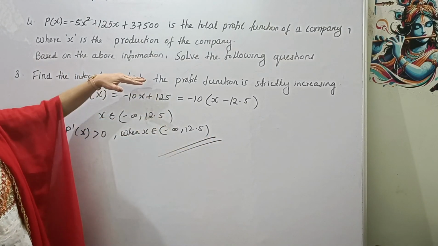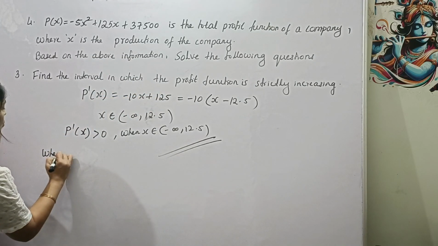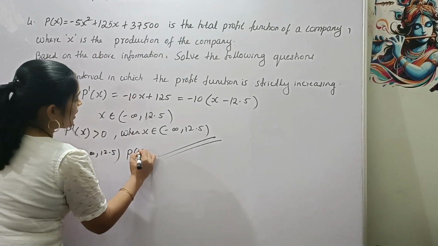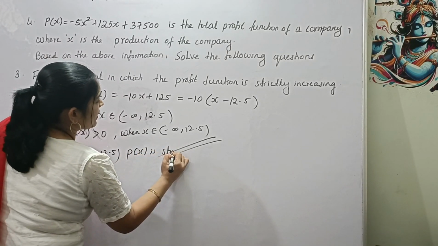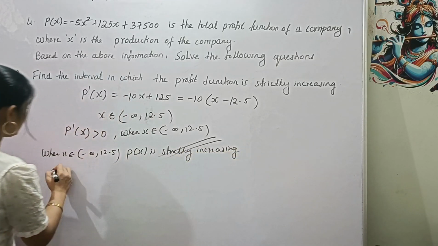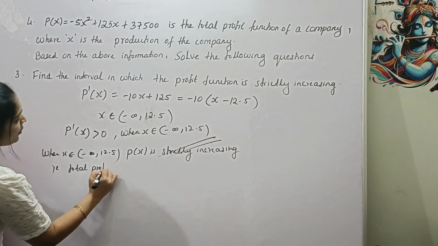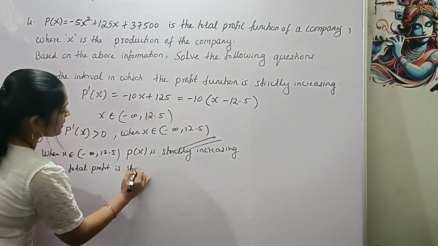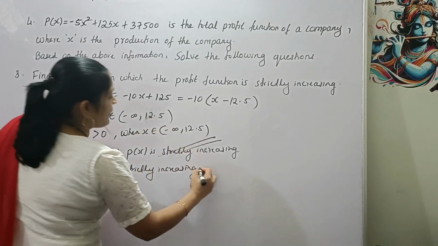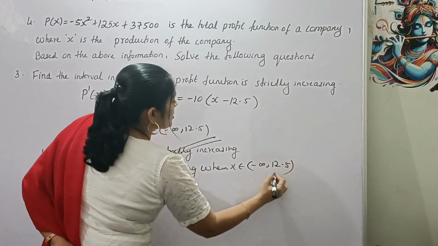In this interval, the profit function is strictly increasing. That is, the total profit is strictly increasing when x belongs to minus infinity to 12.5.